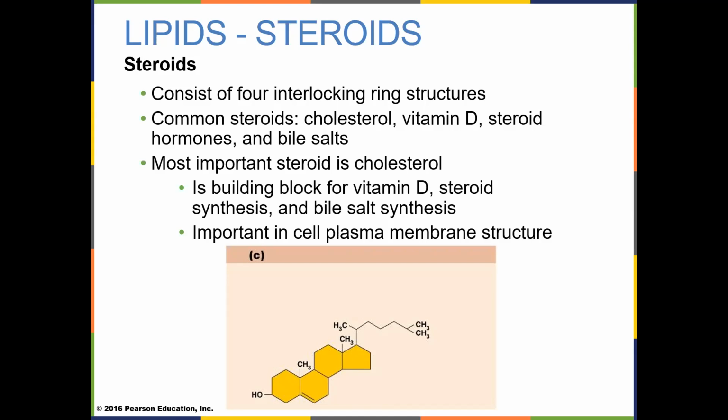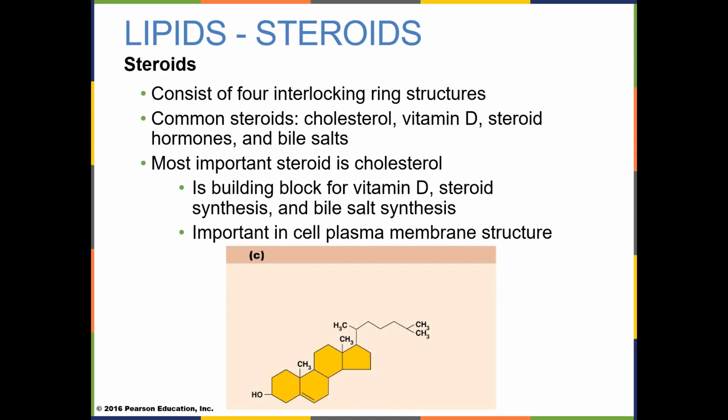These include the steroid hormones estrogen and testosterone, as well as the hormones that come from the adrenal glands. Cortisol, you may have heard of cortisol, is a glucose regulating hormone. We have aldosterone coming from the adrenal cortex. It helps to regulate blood pressure in our bodies.